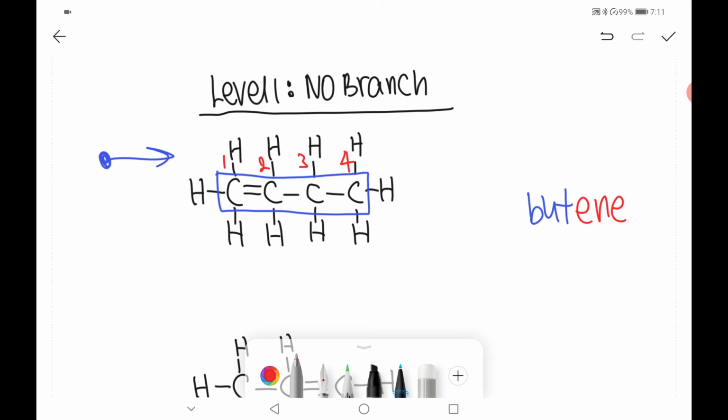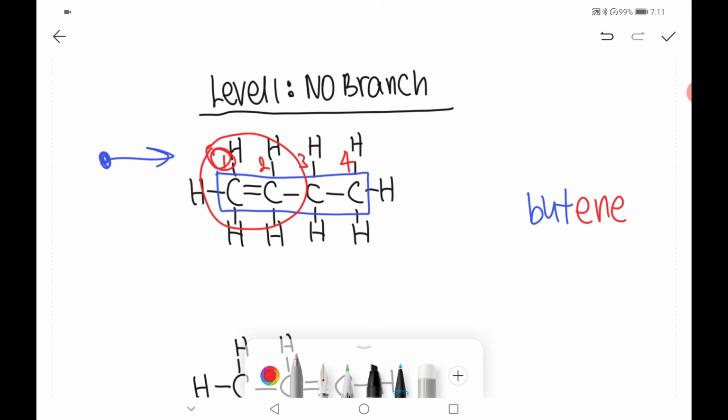You can see that the double bond is between the first and the second carbon. You need to choose the smaller number between number 1 and 2. The smaller number is 1. So now you know the double bond is at location number 1.